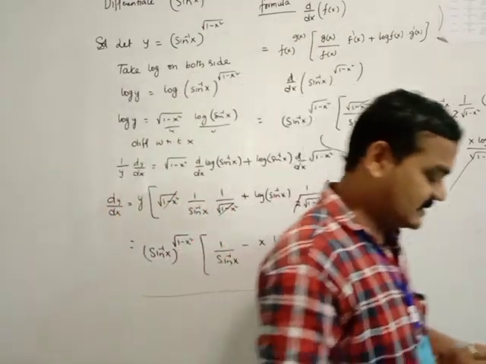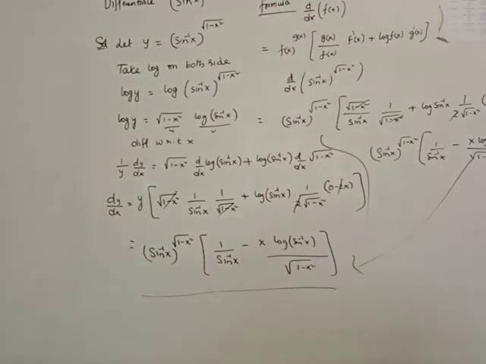You can apply this formula directly while it is given in a competitive examination or as a 1 mark question. If it is given as a 1 mark question, you can apply this formula. What is the formula for that? Just remember, if the problem is in the form of function to the power of function, f of x to the power of g of x model is given, then first of all write down the question, f of x to the power of g of x.